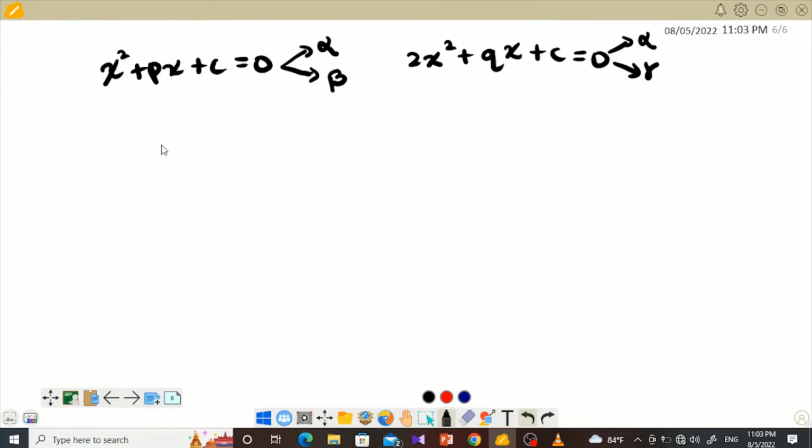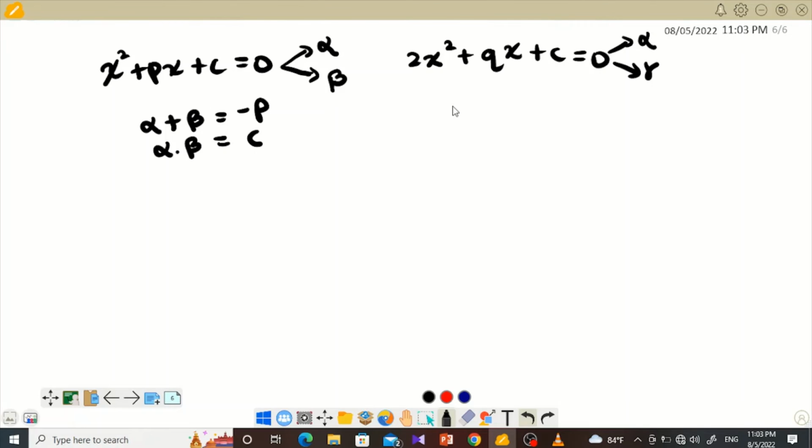Then I can write the sum and product of roots: alpha plus beta as minus p and alpha dot beta as c.